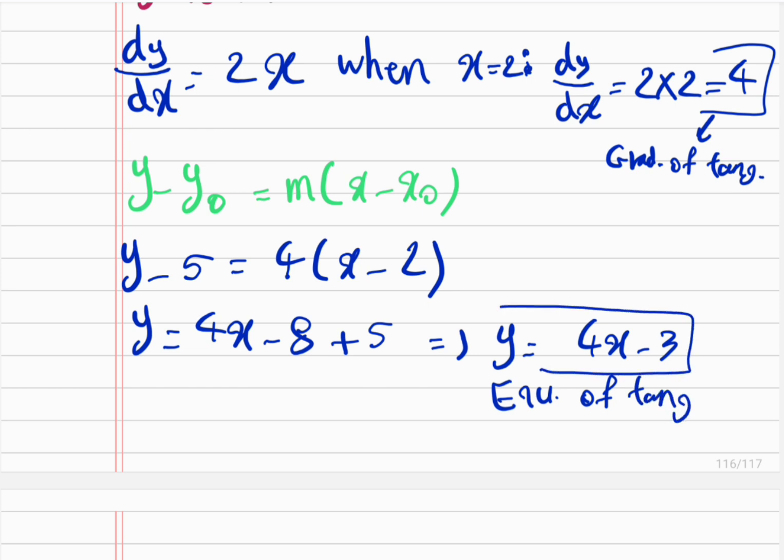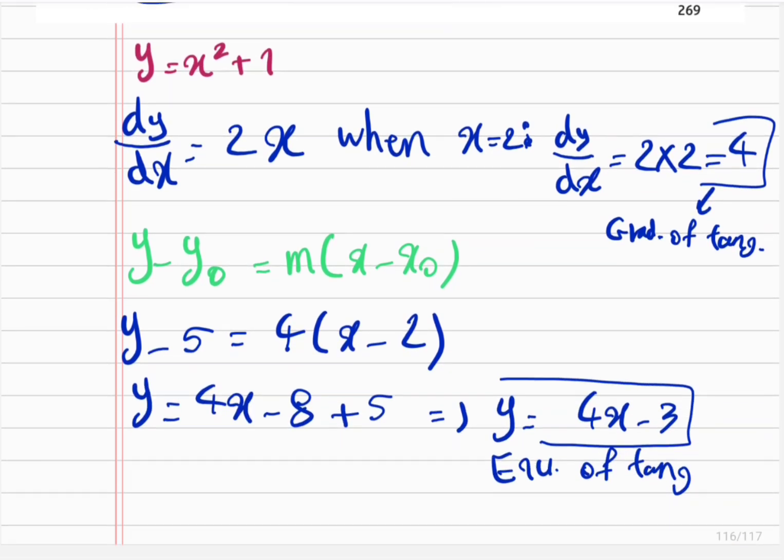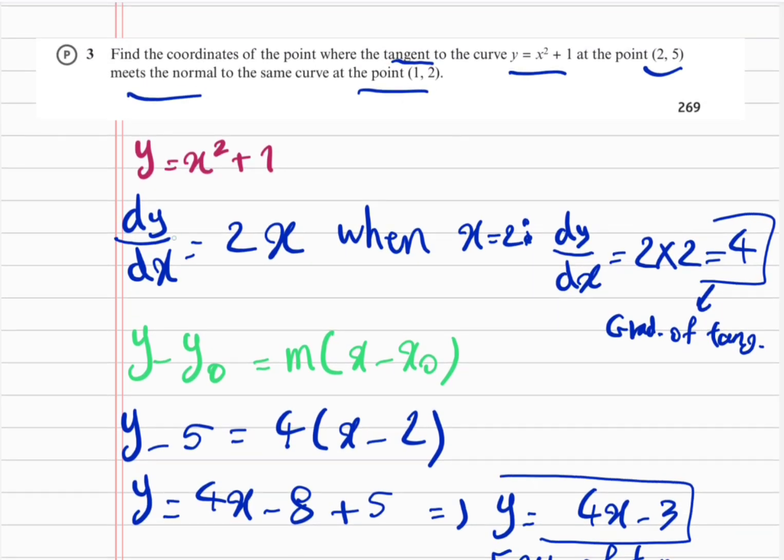Right. Now we need to find the equation of the normal, then we can find the point of intersection. Remember that we already have the derivative, which is 2x. So we just need to substitute the x coordinate of the point that the normal passes through, that's 1.